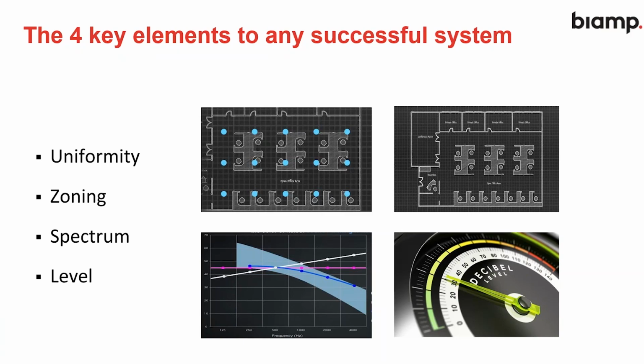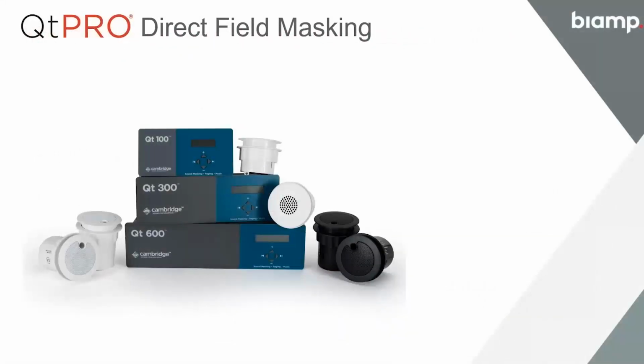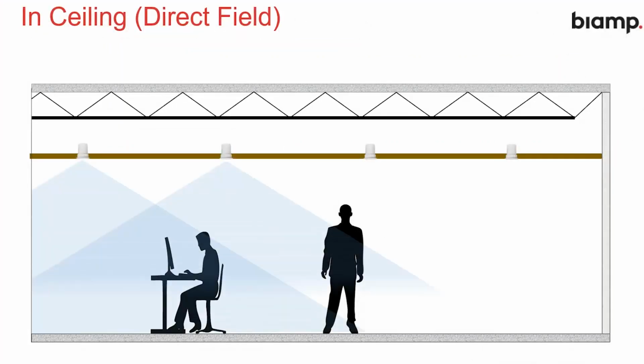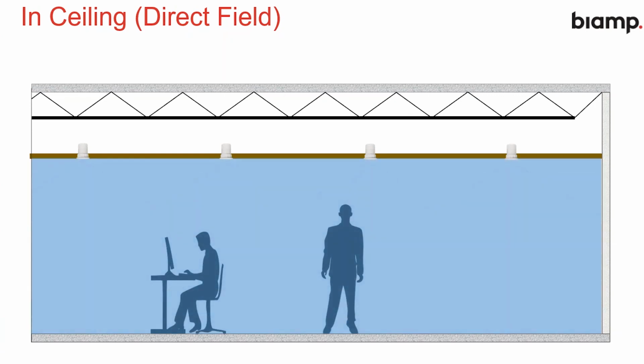A recap on the QtPro direct field sound masking, which is what we're talking about this morning. This is where speakers or emitters are fitted in the ceiling itself, and the sound comes down from the ceiling to the users.